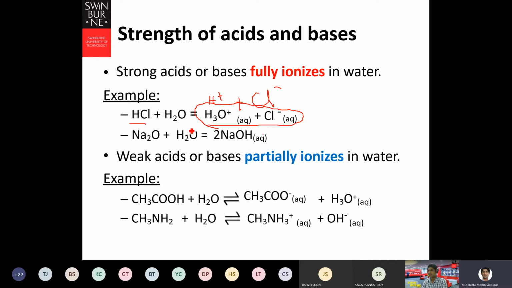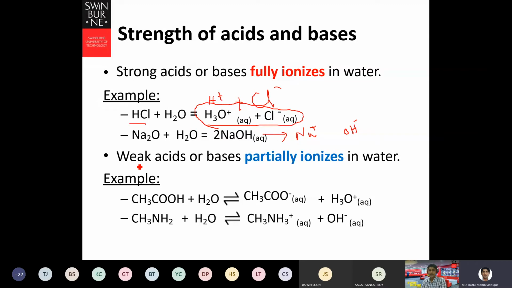And if we put sodium hydroxide in the water, it will produce sodium ion and hydroxyl ion. So that is why sodium hydroxide is a strong base as well.